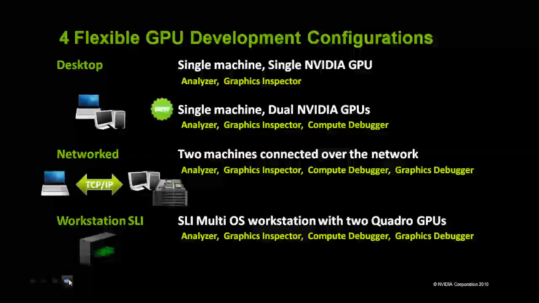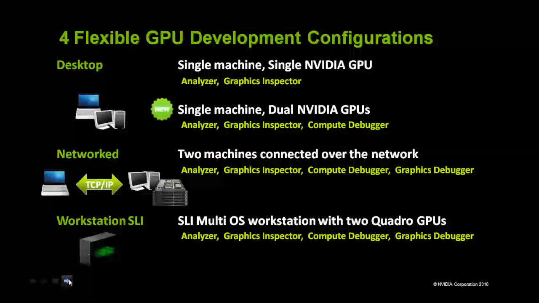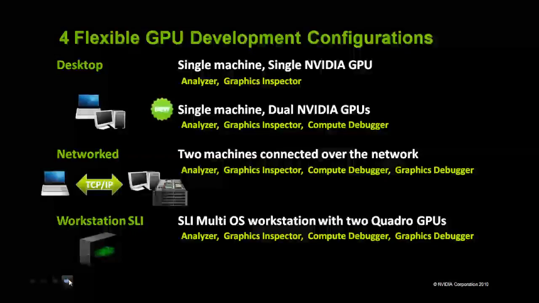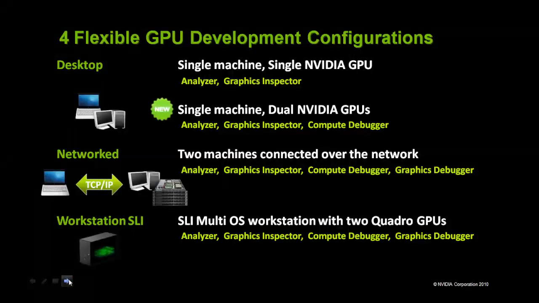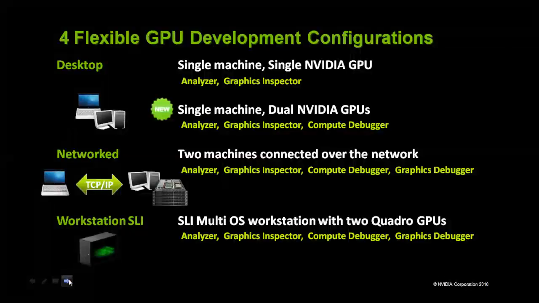So in this single machine dual GPU configuration, you set a second GPU as a headless GPU, meaning it's not connected to a monitor. Your primary GPU is going to update your desktop, and your secondary GPU is going to be where you execute your GPU compute code. This is a great configuration for development houses that might not necessarily have multiple machines available, but can place multiple GPUs within a single machine.